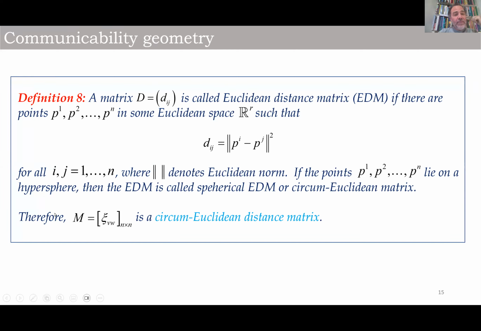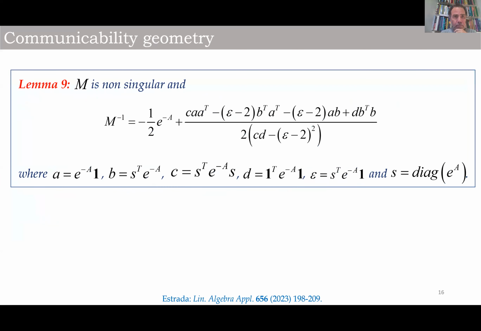So the matrix of the communicability distances that we have previously defined is a Circum-Euclidean distance matrix. Of course, you can define many other things, like the angle between the position vectors in this Euclidean space that we have called the communicability angles in the network, and you can work on similarity properties of networks and so forth with it.